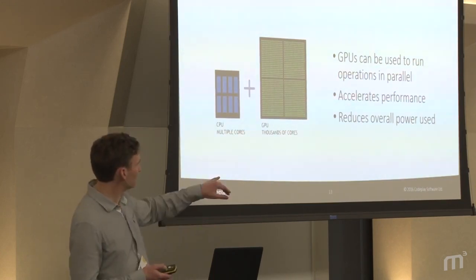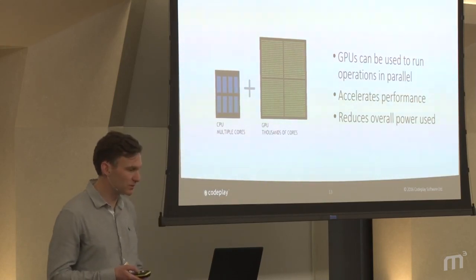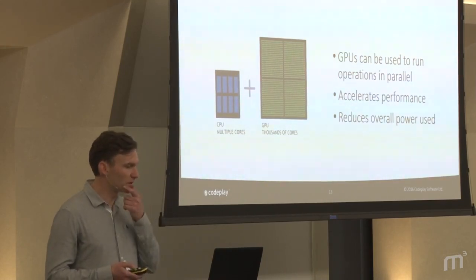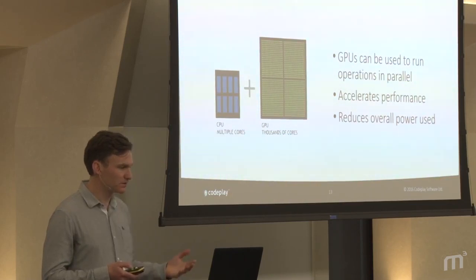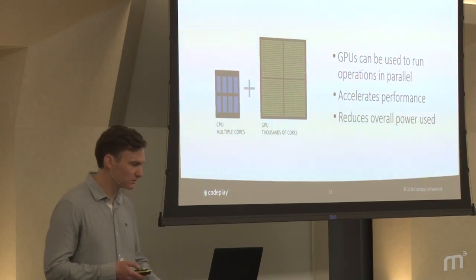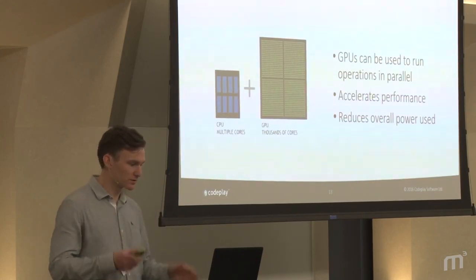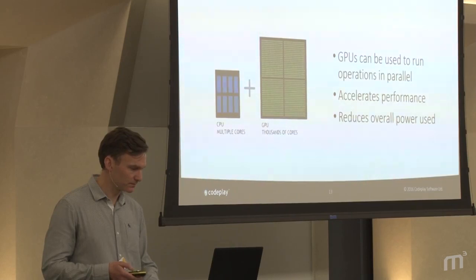So this is obviously a CPU and a GPU. A CPU has a small number of cores. A GPU can have thousands of cores. The main difference is that a CPU can carry out different types of operations on multiple cores, whereas a GPU tends to only be able to do the same operation but across lots and lots of cores.